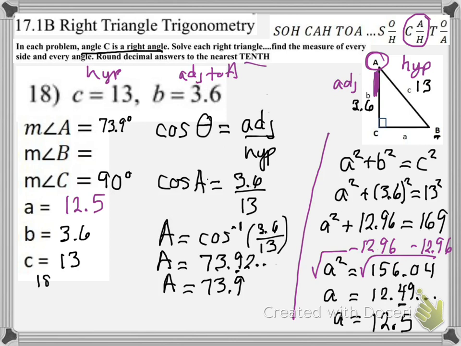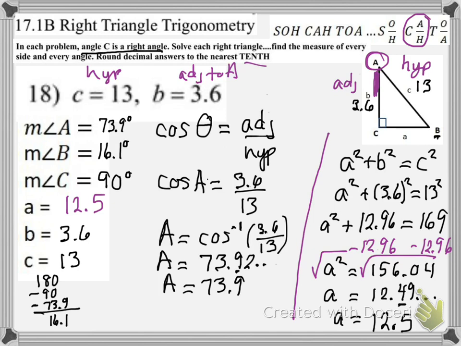So 180 minus the 90 I know, minus the 73.9 that I know, gives me 16.1. That is the measurement of angle B, 16.1 degrees.